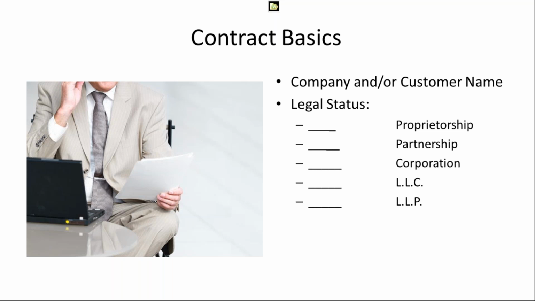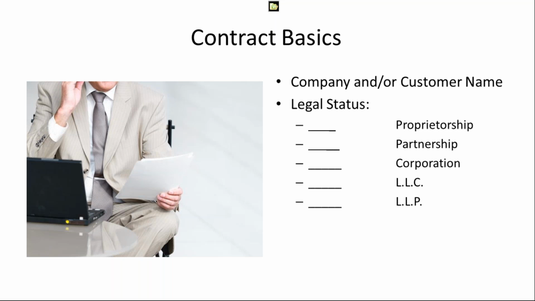Say, for example, I come into your business and want to enter into a contract with you where you're going to provide either services or maybe labor or materials for me, and my business name is Vann and Son. I could be incorporated, or I may not be.